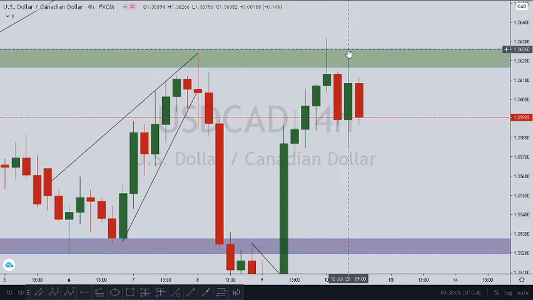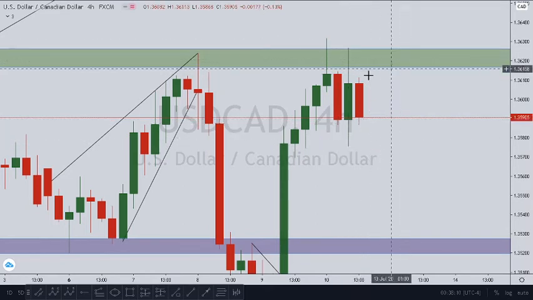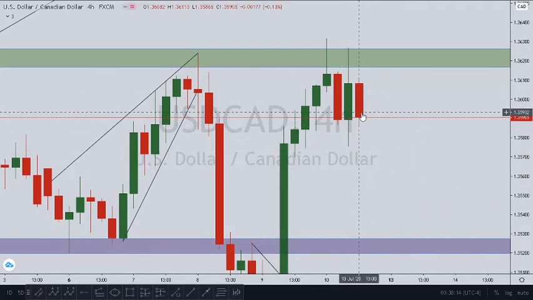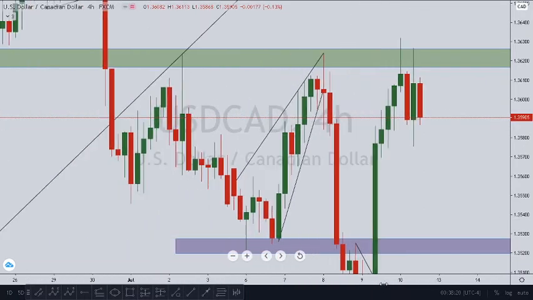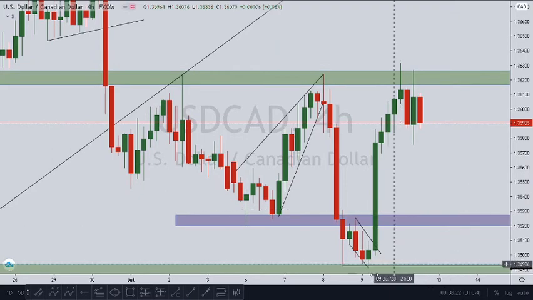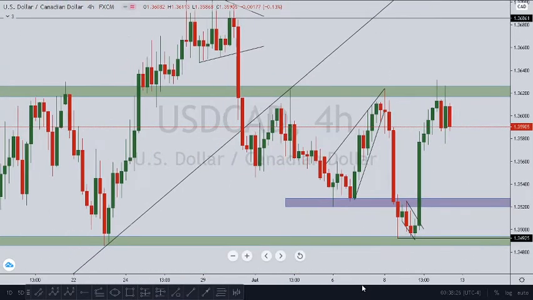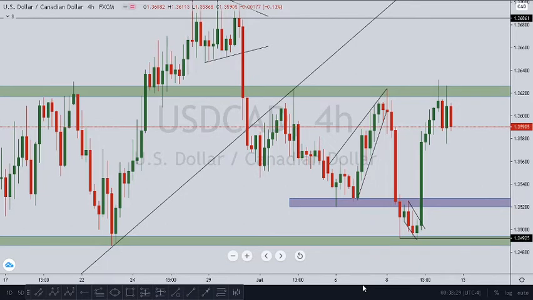But in this case, this to the right is engulfed by the one on the left, and this would make an inside bar. An inside bar at resistance usually means sell, an inside bar at support usually means buy. I'll get into that in a different video as it relates to chart patterns and candlestick patterns.